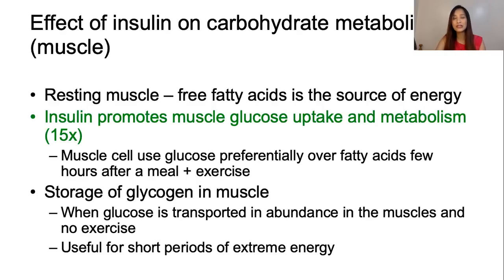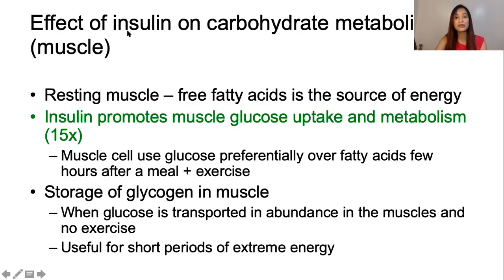So during exercise, you need glucose. That's why before a marathon, or before any sports activity, most athletes have to load on glucose-containing food in order to power their muscles because it's the preferential fuel of your muscles during exercise.